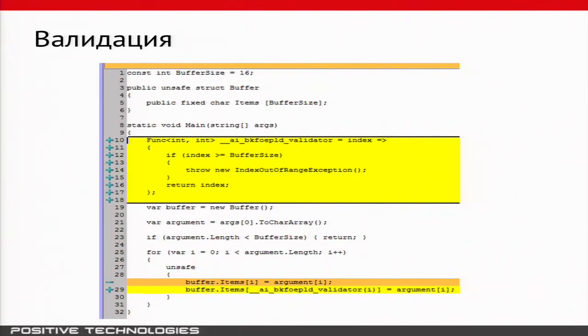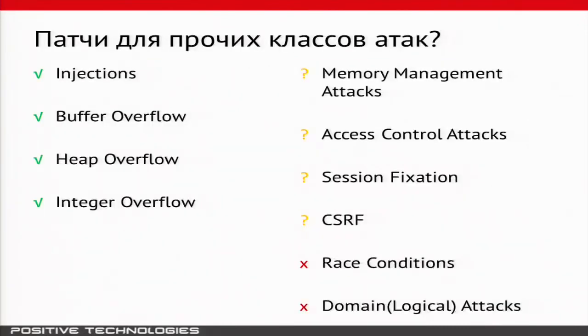If it's equal to or bigger than the buffer size, then the excess is cut off, or it comes back without any changes. So we turn the validator index call on and get the inability to operate the overflowed buffer.